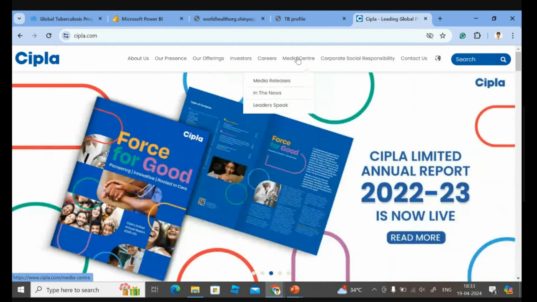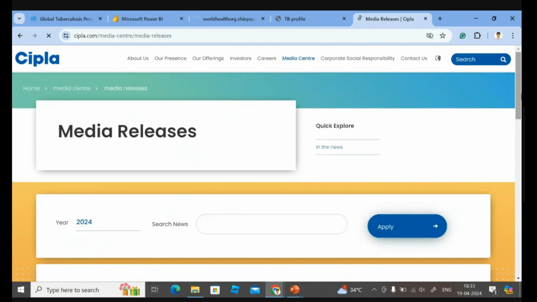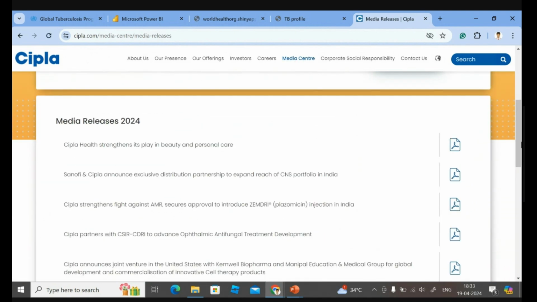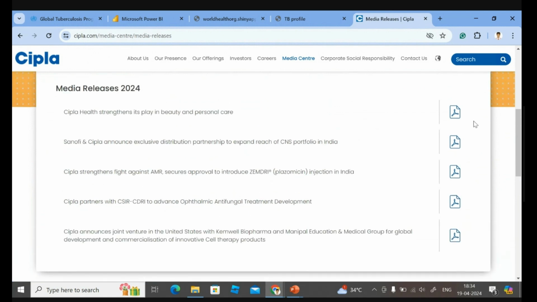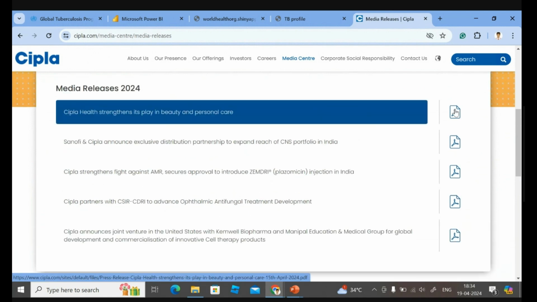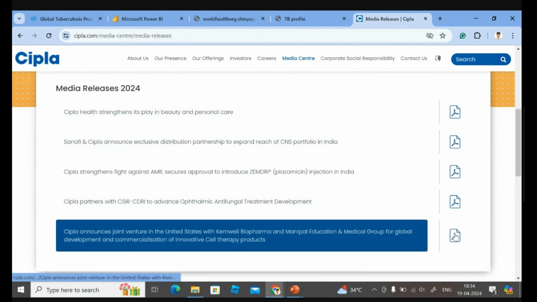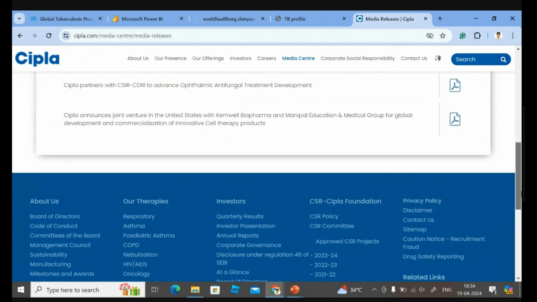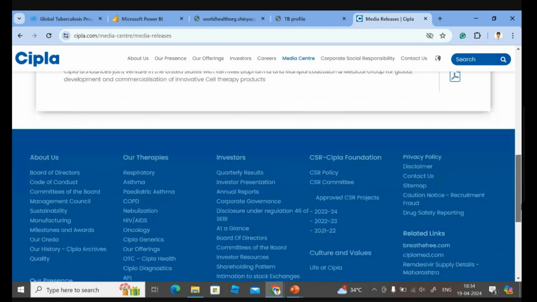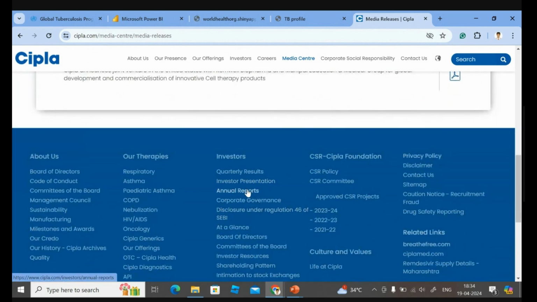Okay, so you have a media center, media releases. You can even get that. Look at this, it has PDF documents here. You can download this. A few more can also be there. So you can also get the annual reports.